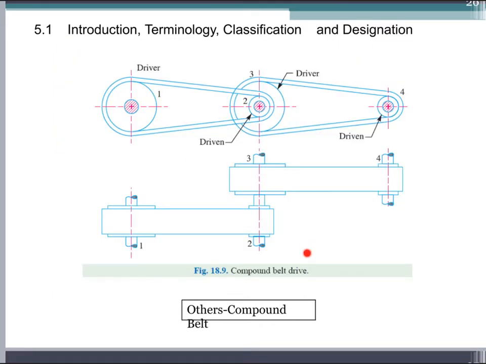And then we have the compound belt, which uses 2 or more belts in a power transmission system. You can see here the first belt, and then the second belt joins or transmits on the second shaft here.